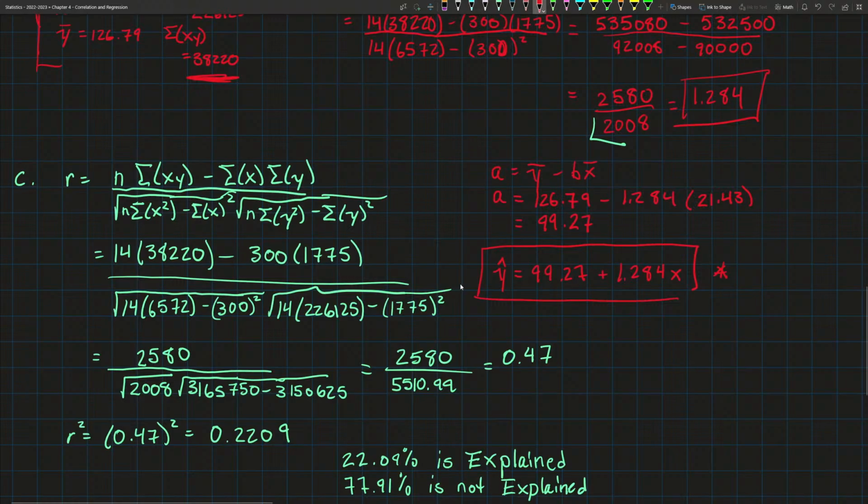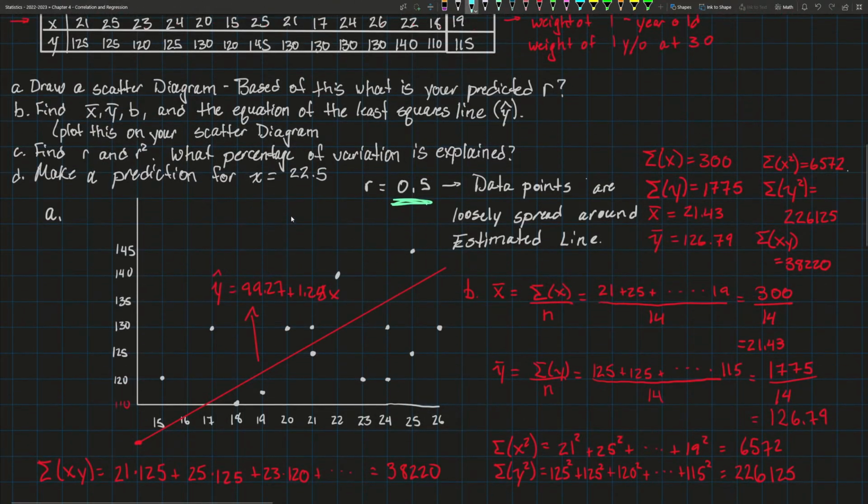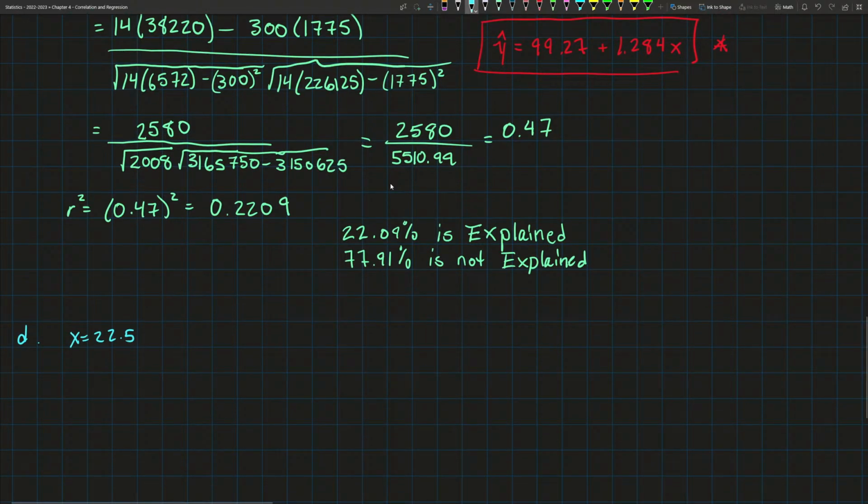Okay, so that's A, B, and C, and then D said to make a prediction when x equals 22.5. If we plug that into y hat, we get y hat equals 99.27 plus 1.284 times x, which in this case is 22.5.